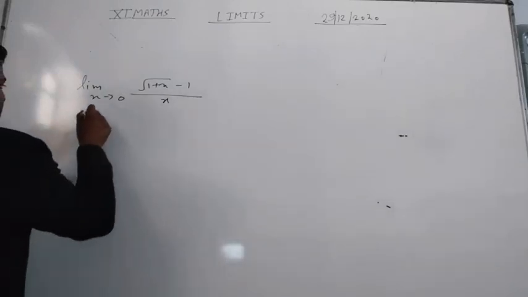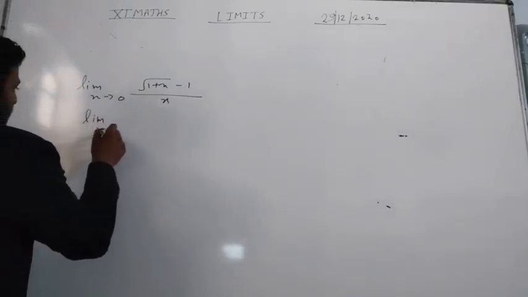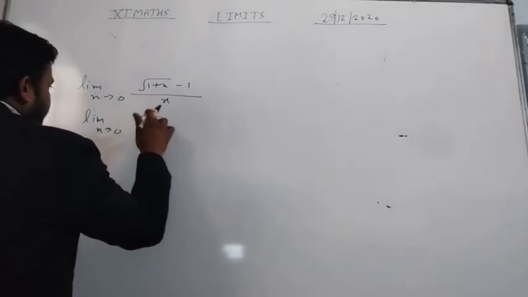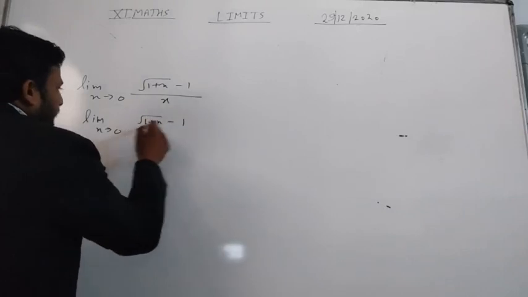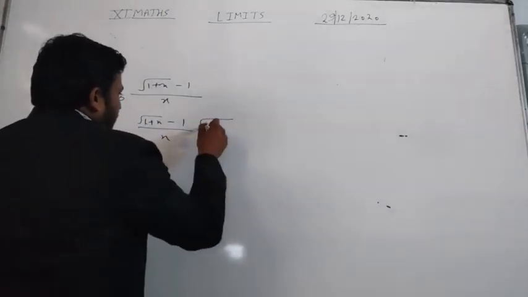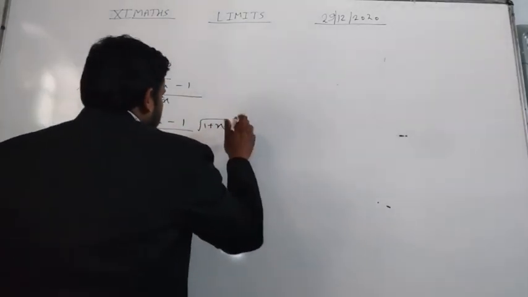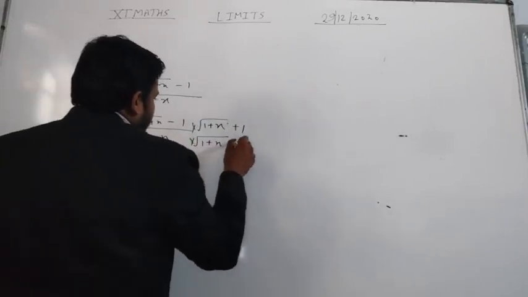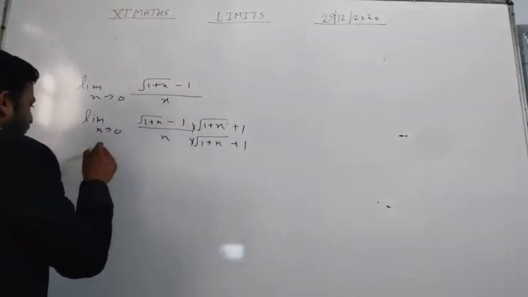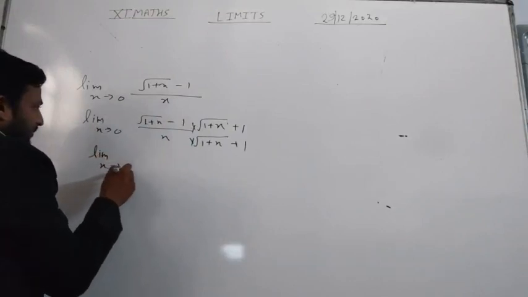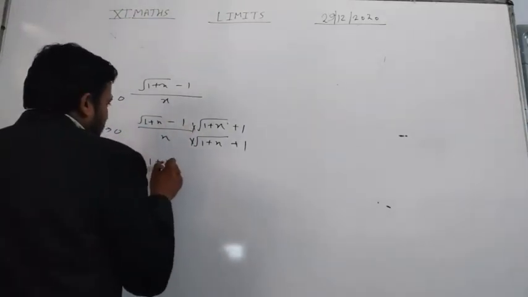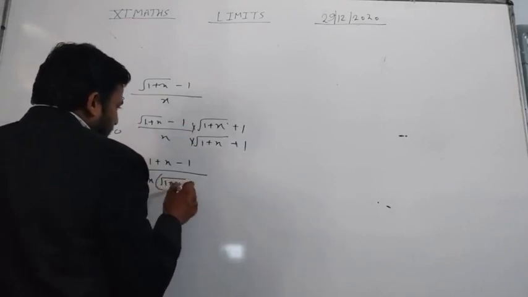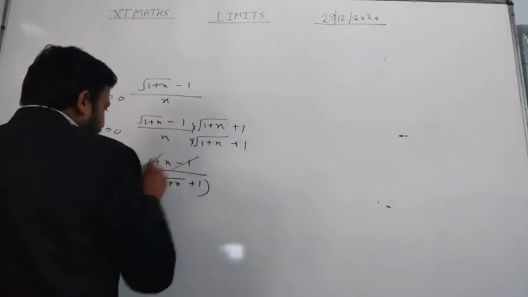So we will first rationalize this question. We multiply and divide with square root of 1 plus x plus 1. So we write limit x tends to 0 of 1 plus x minus 1 by x times square root of 1 plus x plus 1.